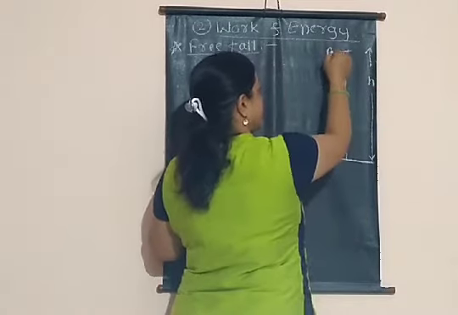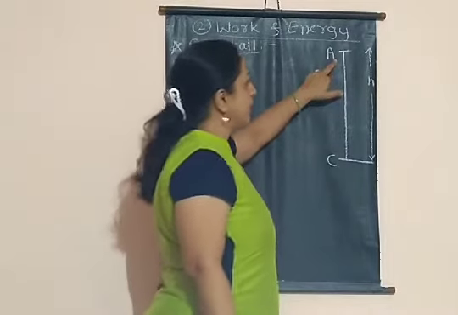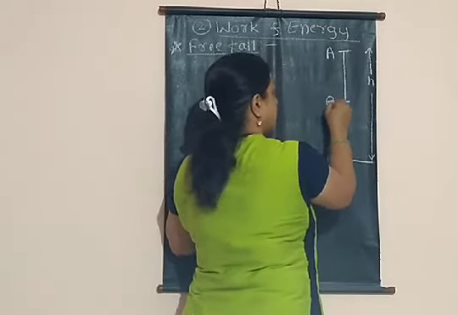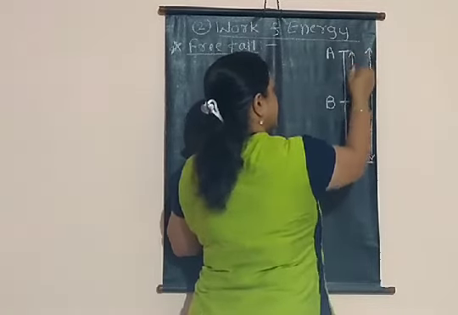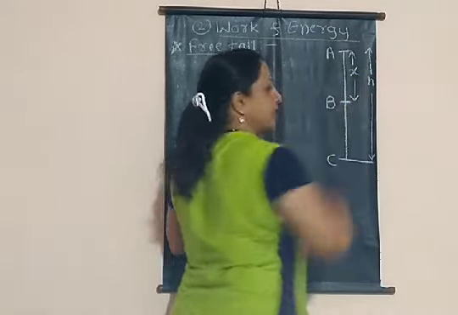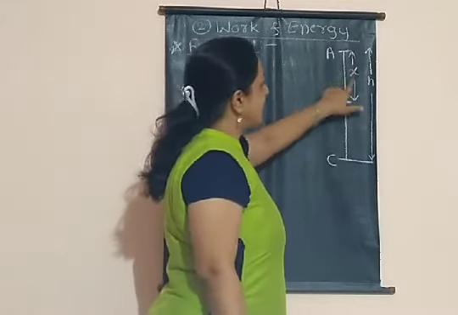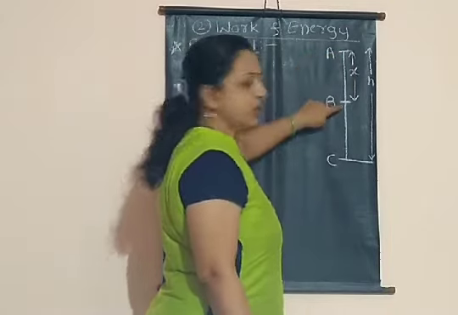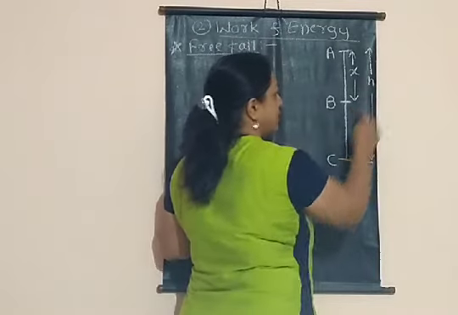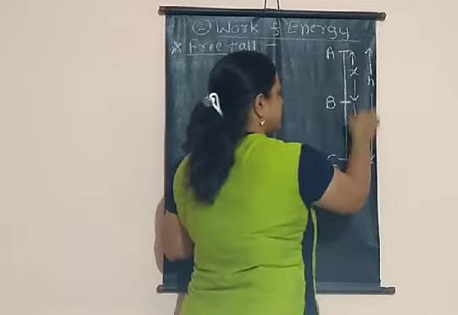Consider this is position A. So first the object is at height h, at position A. Then consider another position B, which is at a distance x vertically below position A. Then the distance from B to C should be h minus x. So let us write here h minus x.